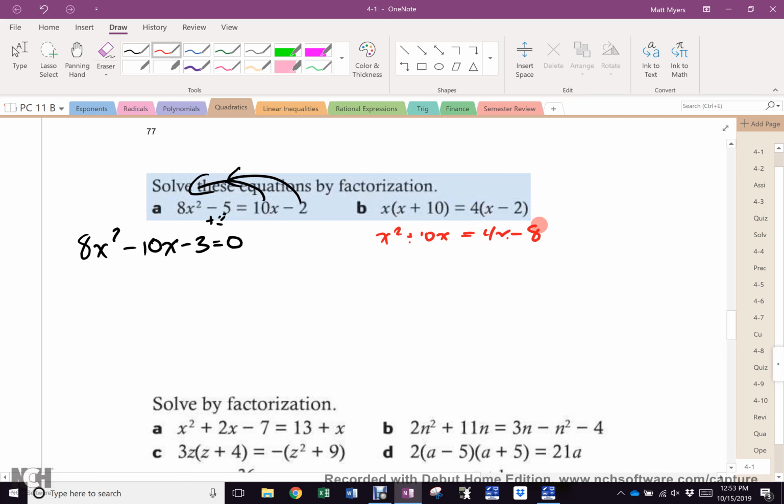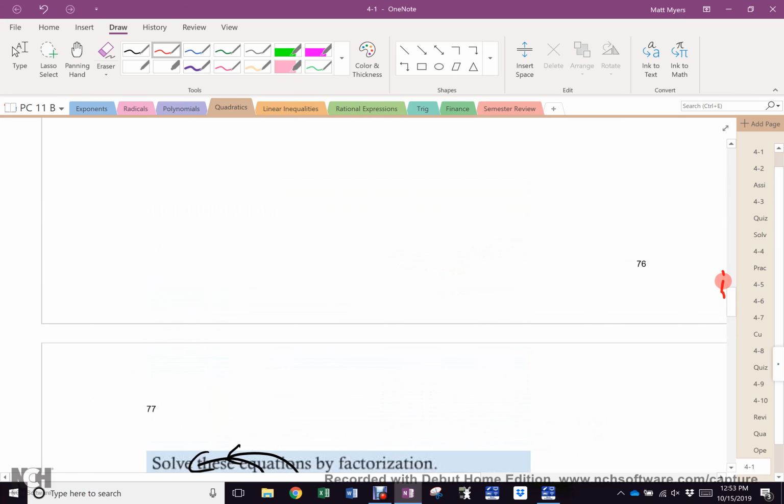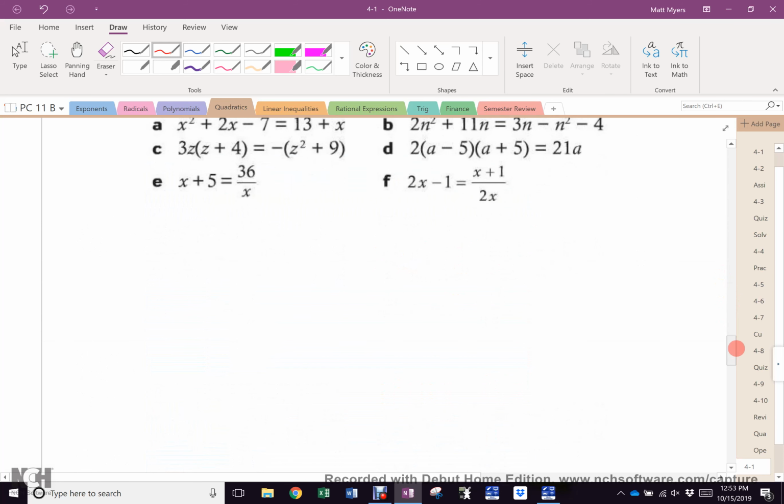Now what do I do? X squared plus 6x plus 8, yes? And then what would I do? Factor. So your job is to attempt 76 and 77.